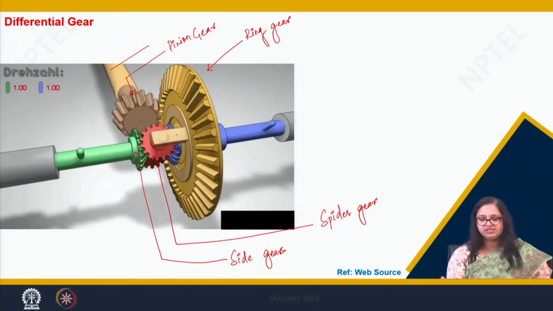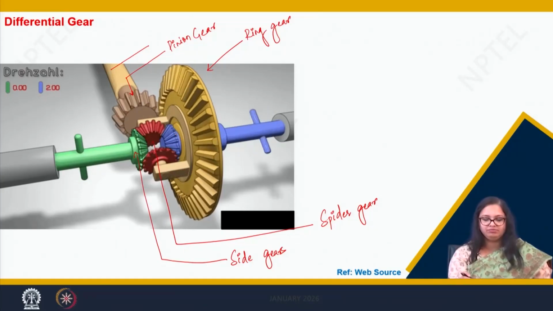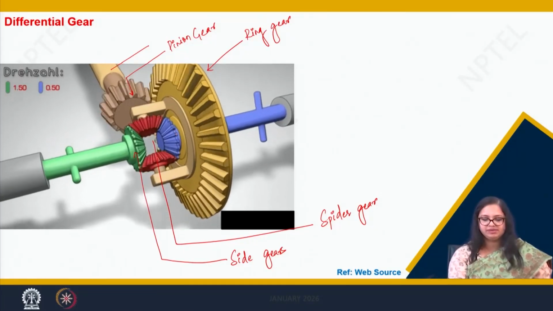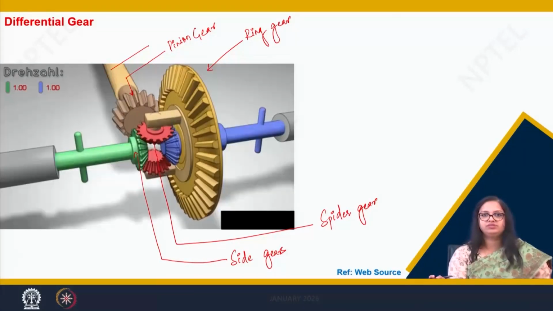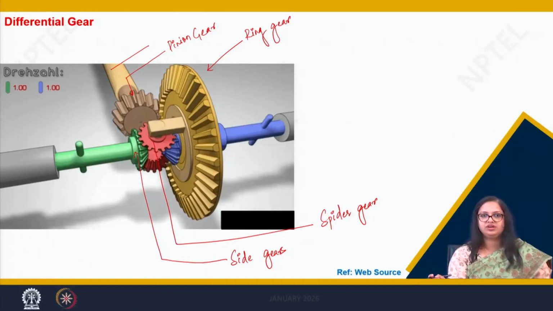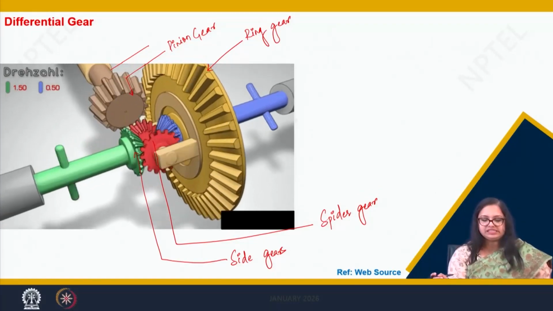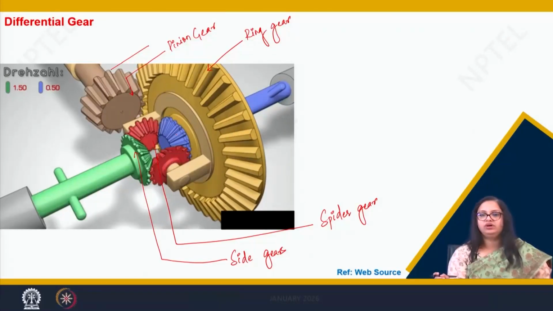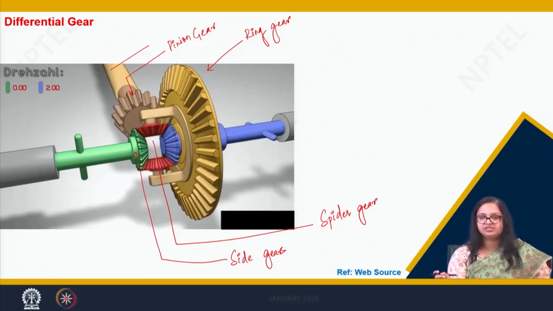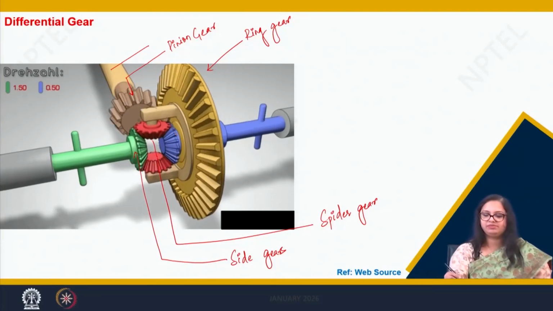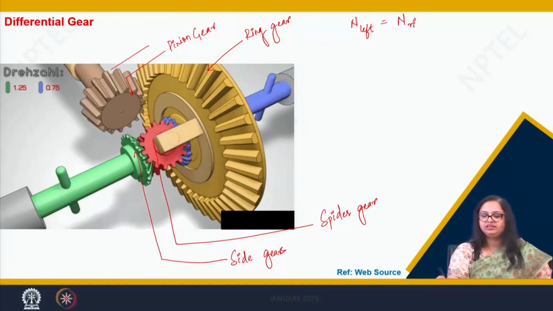You can see both the green and the blue one rotating at the same speed, that is, N left is equal to N right.